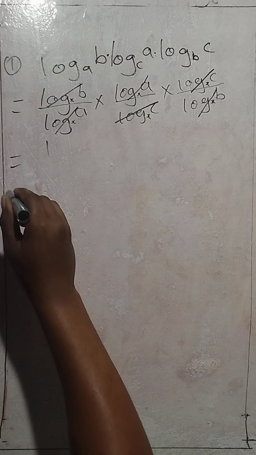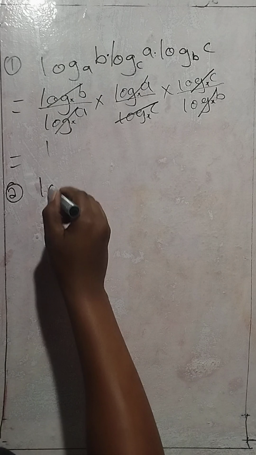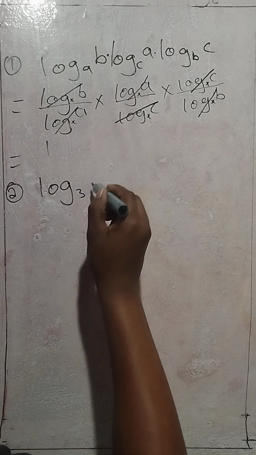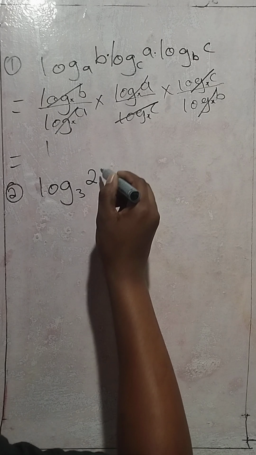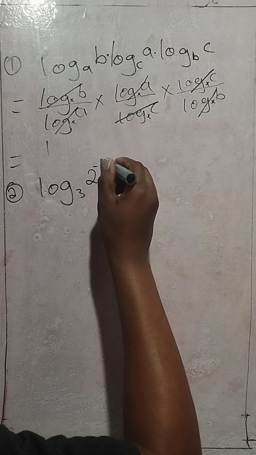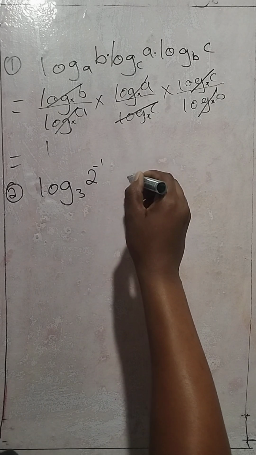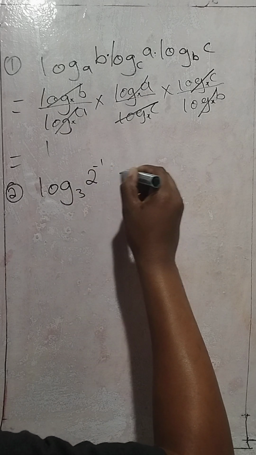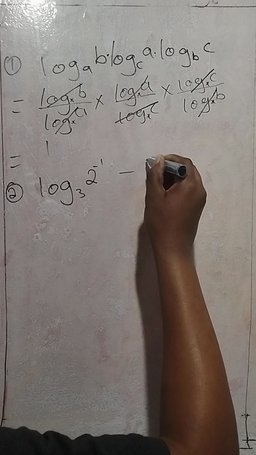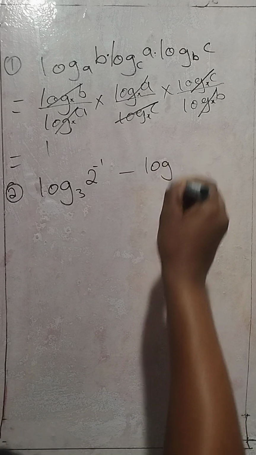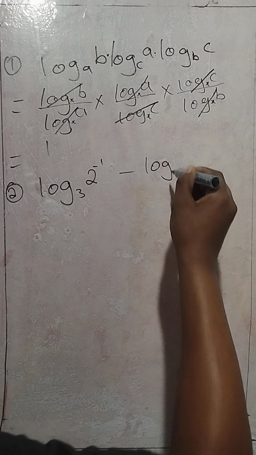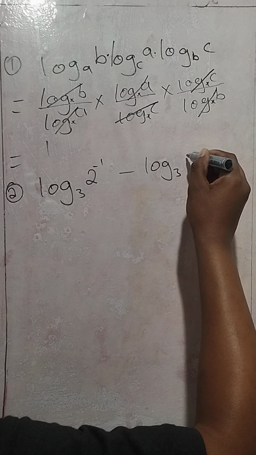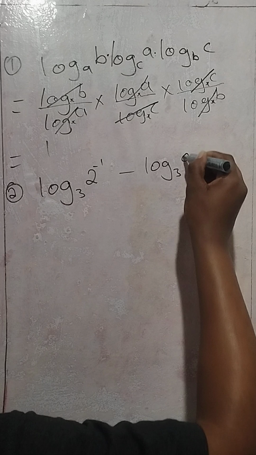We have number 2, log of base 3 of 2 exponent negative 1, minus log of base 3 of 0.25.